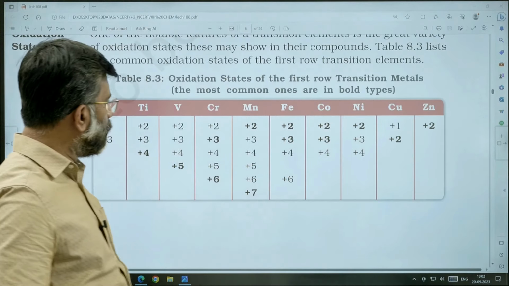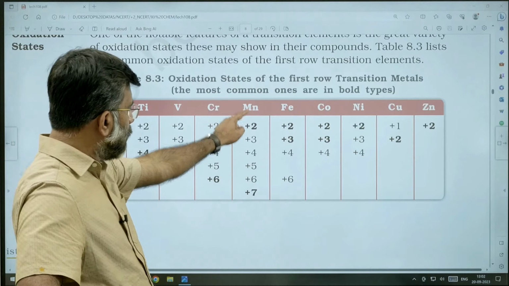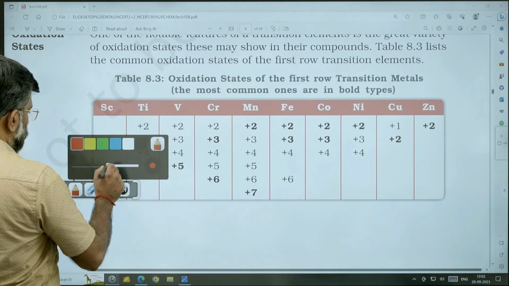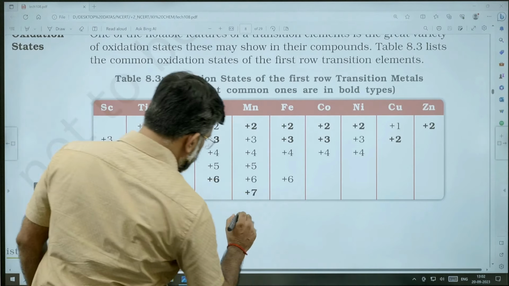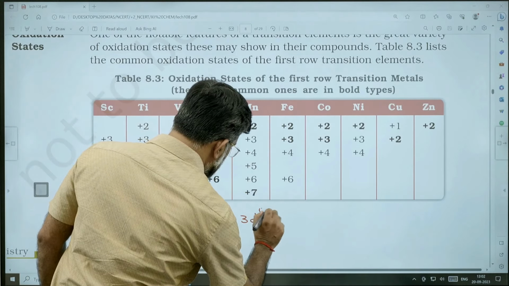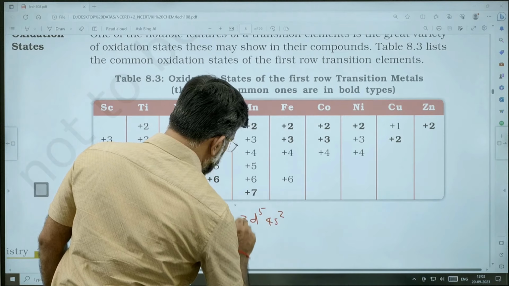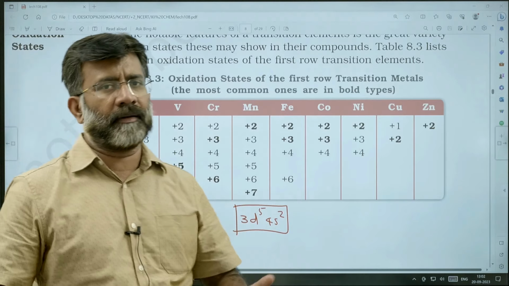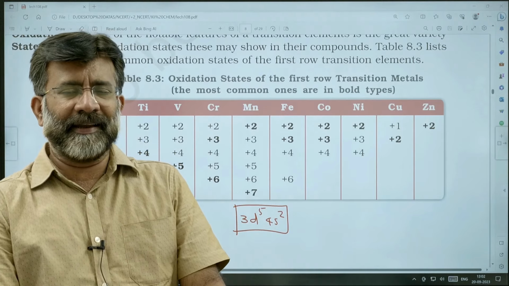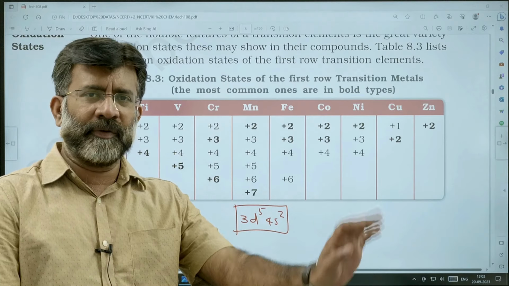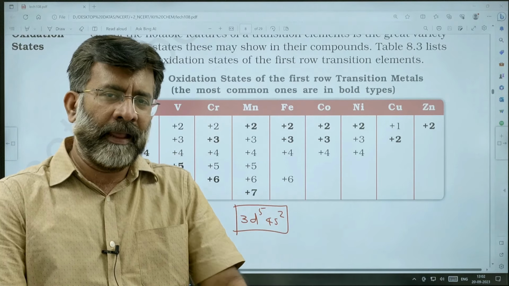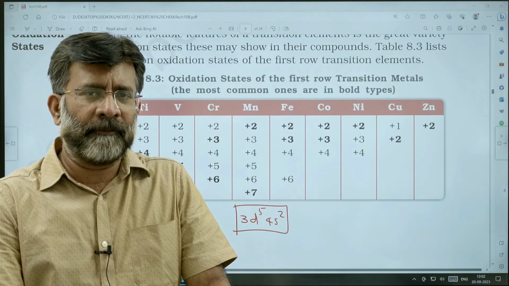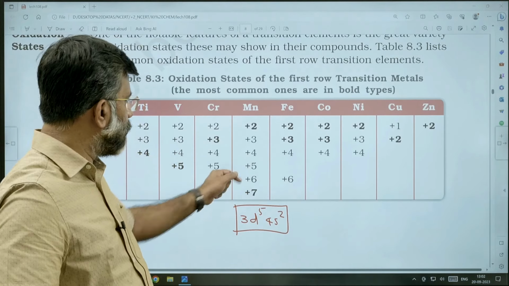The maximum number of oxidation states is shown by manganese, no doubt, because it has 3d5 4s2, the maximum number of electrons that can take part in chemical bonding. All 5 electrons from the d orbital and 2 electrons from the s orbital, if they take part in bonding, give a maximum of +7 state.